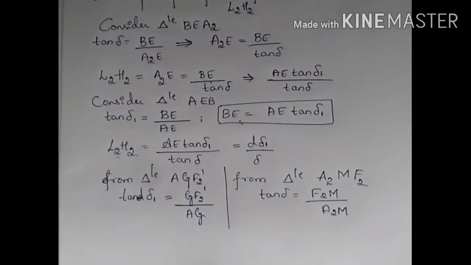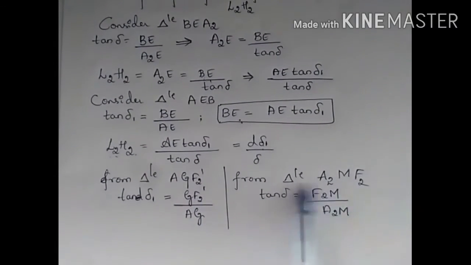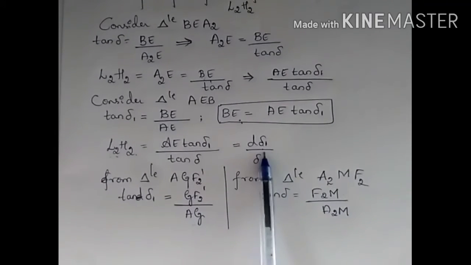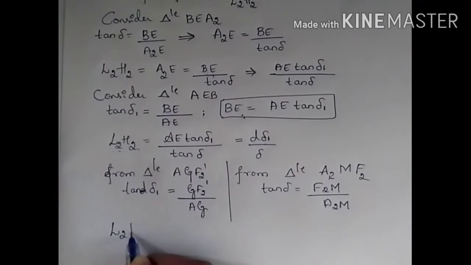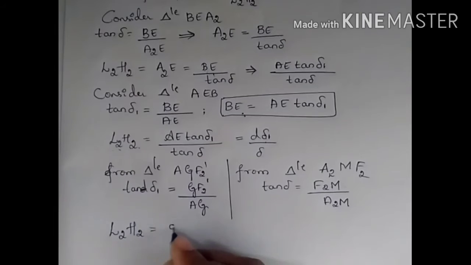So this you got from considering the two triangles. Let us substitute both of these in the equation for L2H2. So L2H2 will be what?